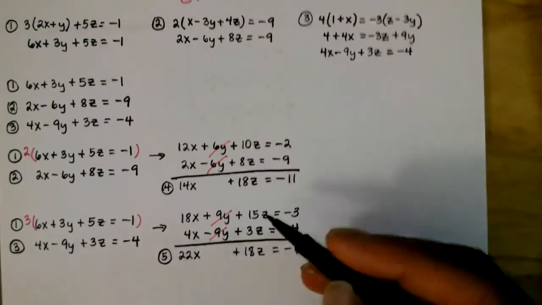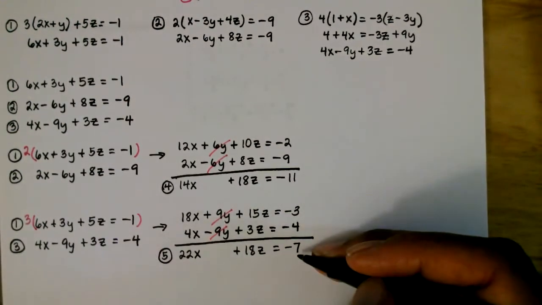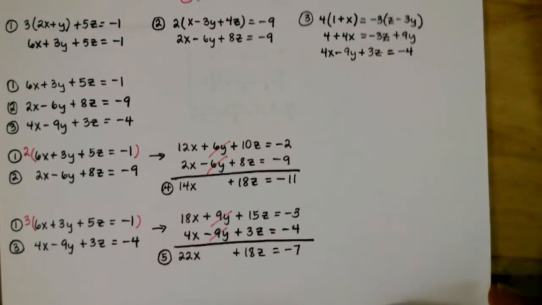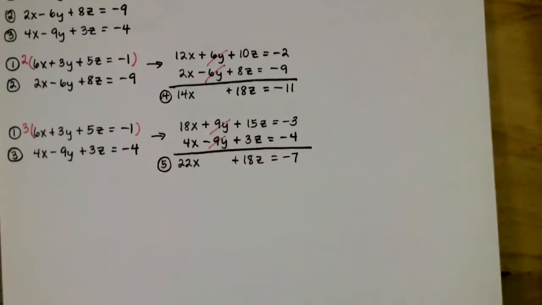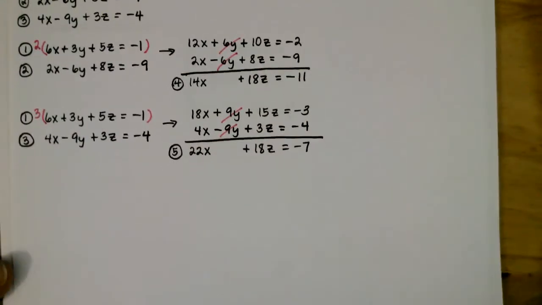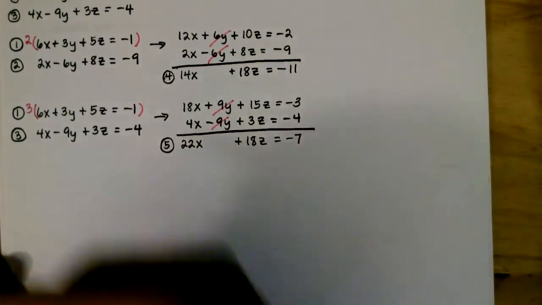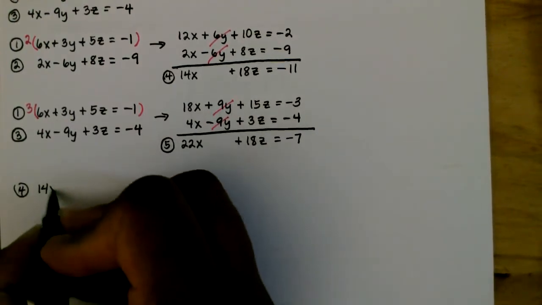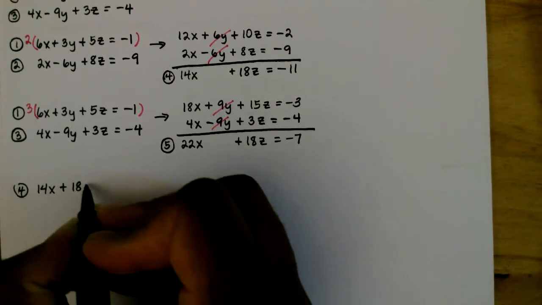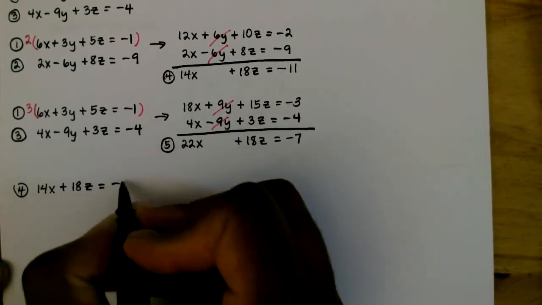Okay. Now, equations 4 and 5 are equations in terms of x and z. Let's use those and eliminate either the x or the z. So equation 4, I came up with 14x plus 18z equals -11.